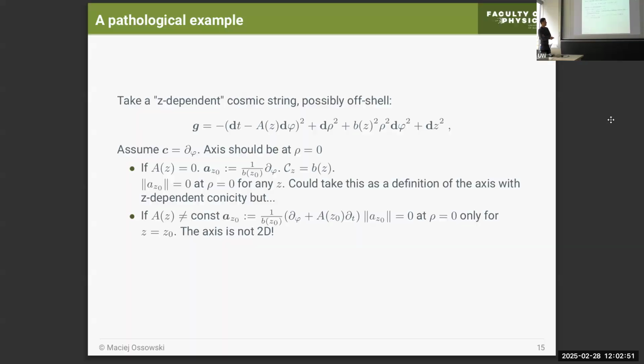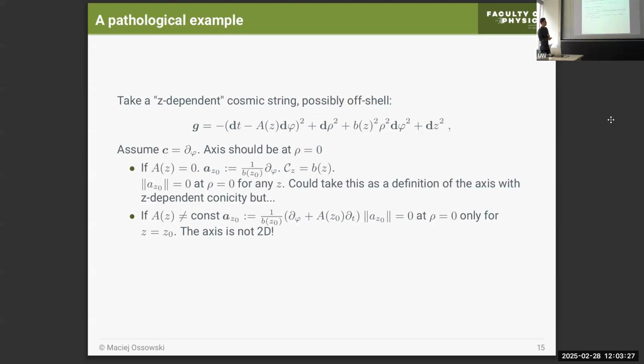However, what happens in general is that if the time shift is also z-dependent, then this axial Killing vector field vanishes for rho equal to 0, but only for some chosen z. So for different points on what we imagine to be the axis, we necessarily have different axial Killing vector fields, because at each point in general only one would vanish.